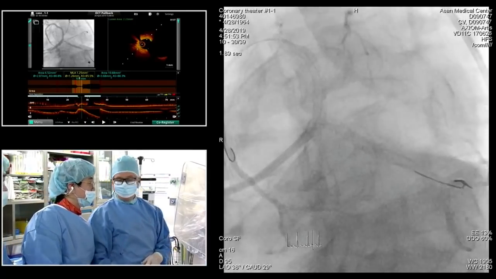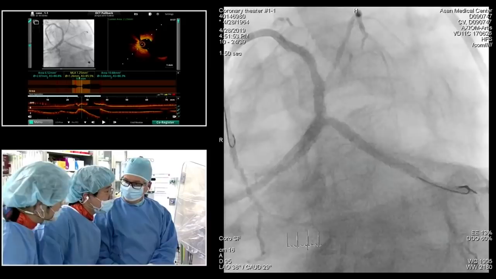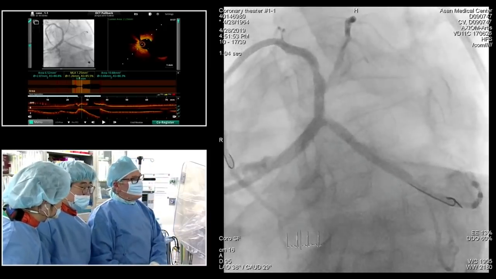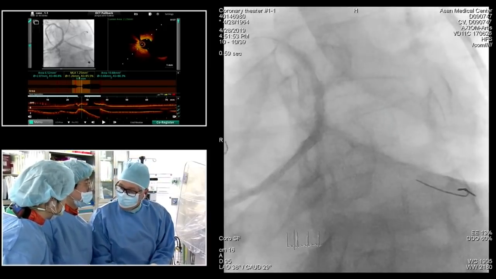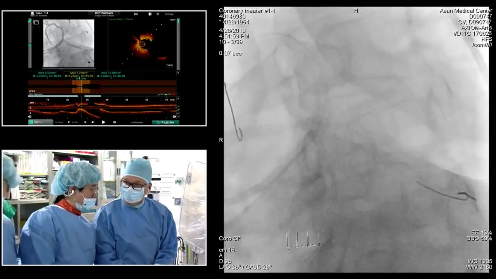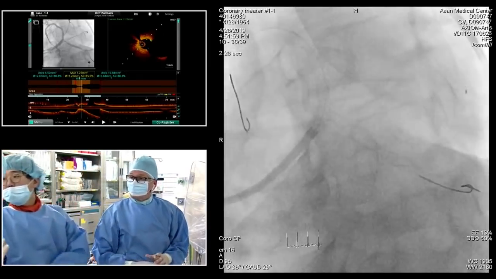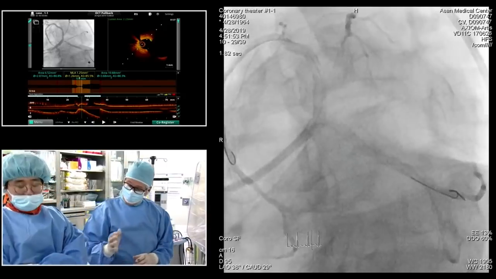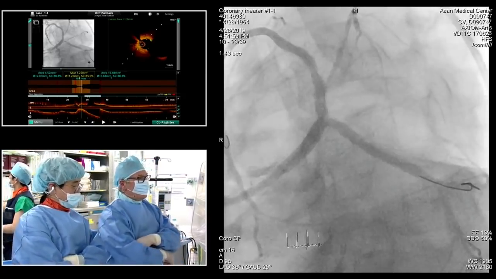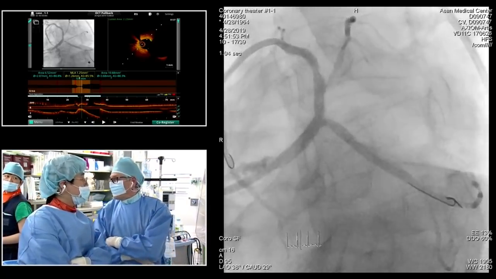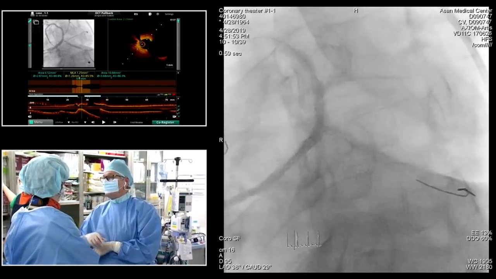This is the key. There is a combination of stent underexpansion and intimal hyperplasia. So I want to choose maybe a 3.25 or 3.5 non-compliant balloon at high pressure, 25, and then we'll use a 3.5 semi-compliant for the LAD.